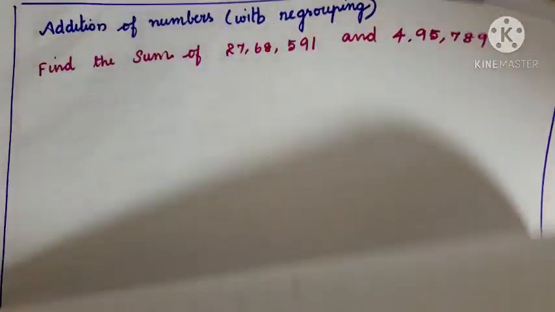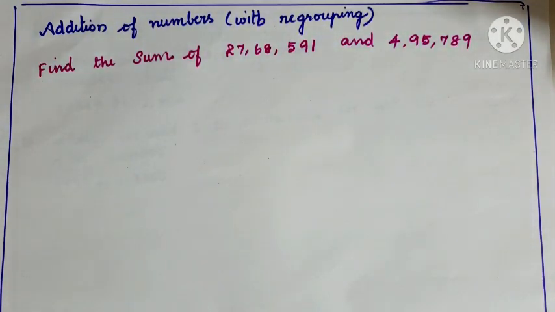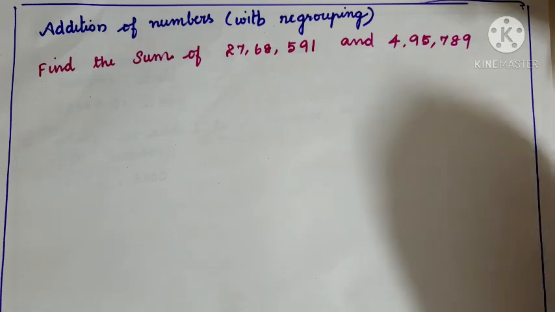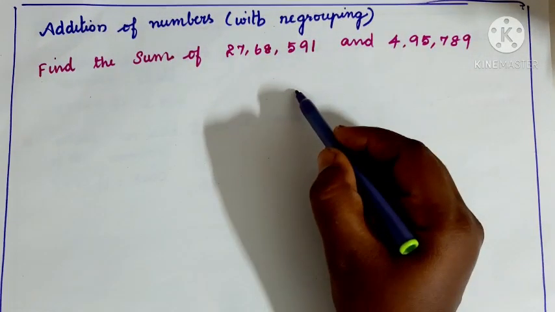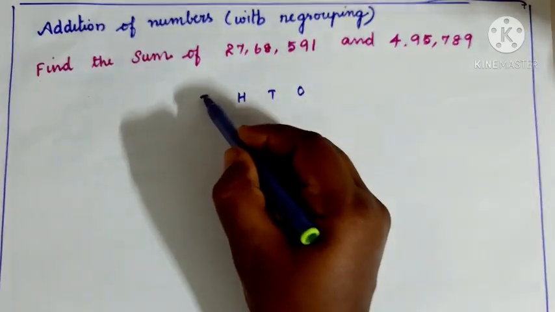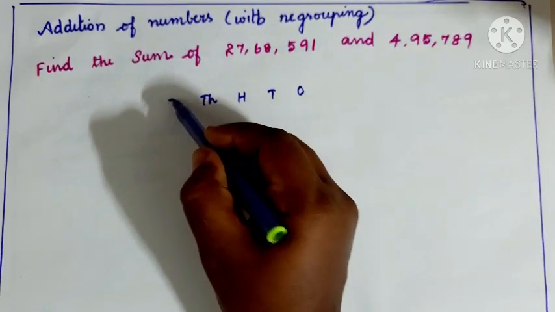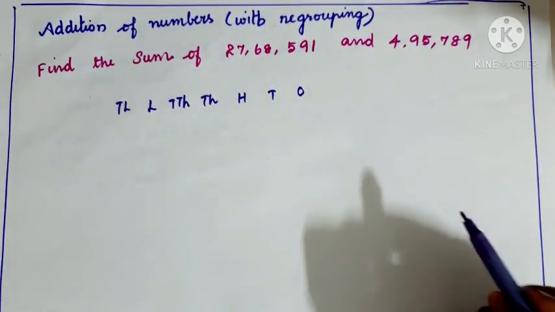Next, we are going to see addition of numbers with regrouping. Now, what step do we have to follow? First, we have to write the place values, isn't it? Ones, tens, hundreds, thousand, 10,000, lakh, 10 lakh, isn't it?